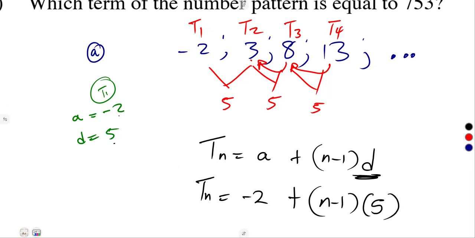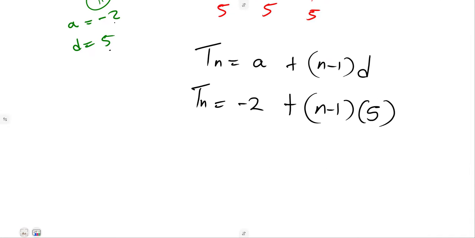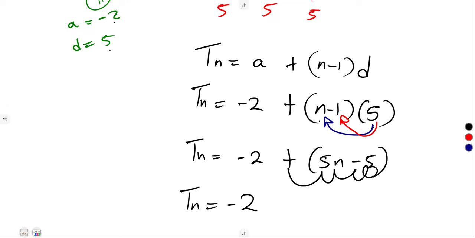So here's a product. The D has to expand, so you can just open a bracket like this. Let us simplify. That's -2 plus 5 times n minus 1. Going to expand the bracket now: 5 times n is 5n, and 5 times -1 is -5. Expanding by a positive does not affect anything; it remains as it is.